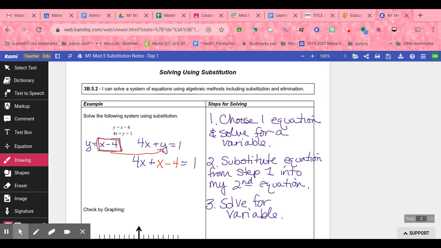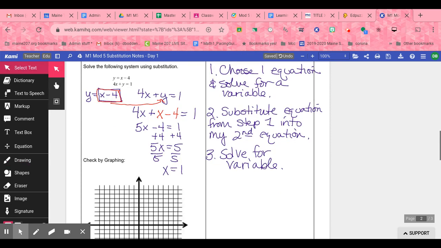Okay, so over here, I would combine like terms. 4x and x gives me 5x. Minus 4 equals 1. I'm going to add that 4 to both sides. Then I'm going to divide by 5, and I get x equals 1.